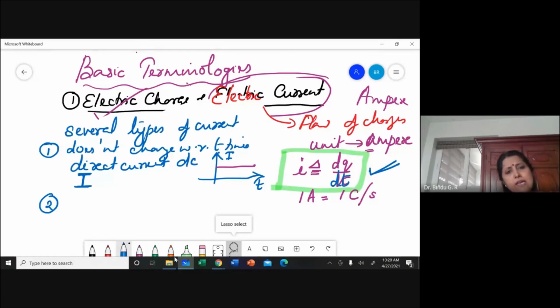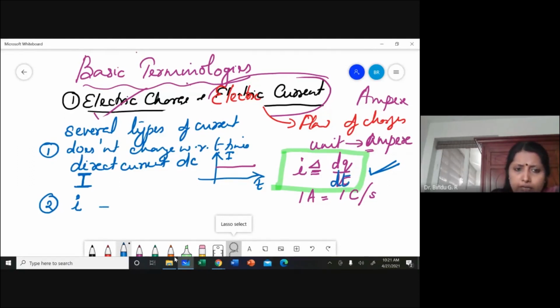A time varying current can be represented by small i. There can be different kinds. But for now, let's limit our imagination to that common kind only.